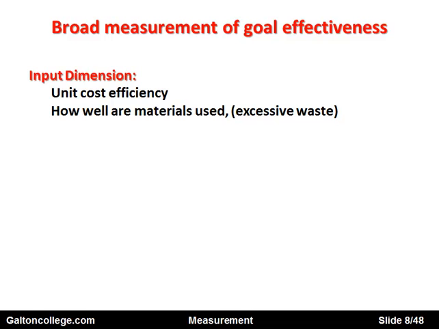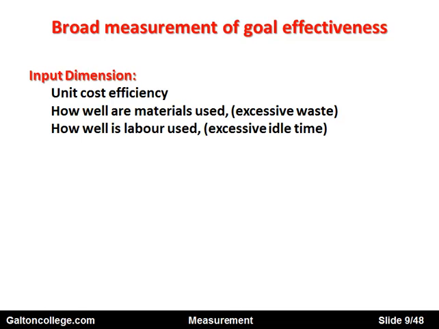Is that a failure of the business? The performance indicators would signal this up, how much of the raw materials can be used and how much of the raw materials is being used. And also, how well is labour used? Labour might find itself standing around for a long time waiting.